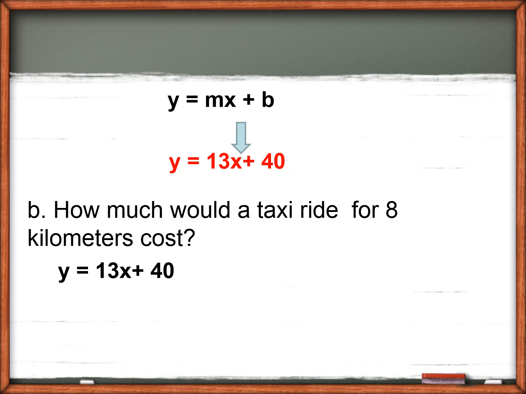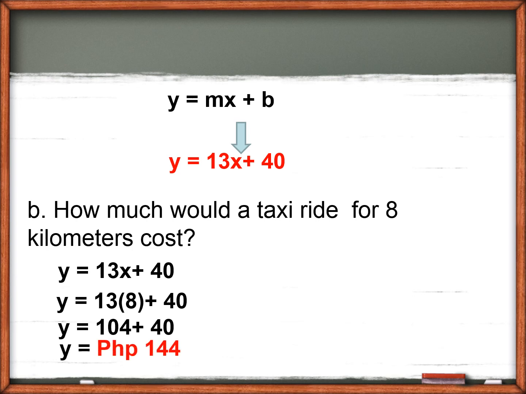Relating 8 kilometers to this equation, we will have y equals 13 quantity 8 plus 40. Simplifying this equation, we will have y equals 104 plus 40. And our final answer in this case is 144 pesos.